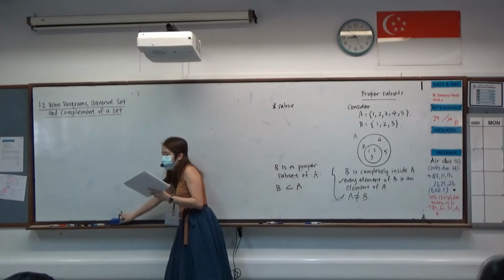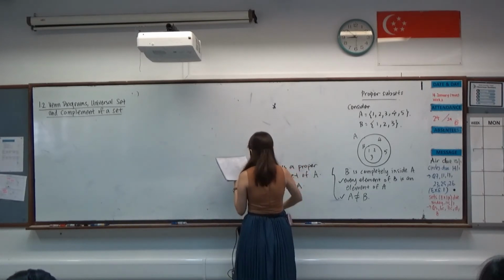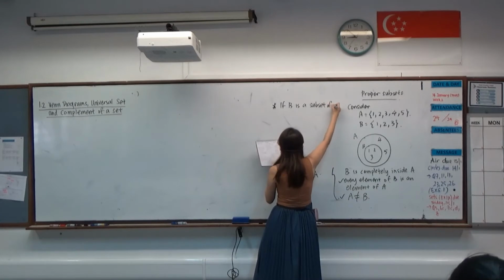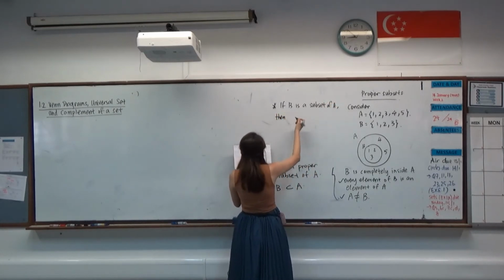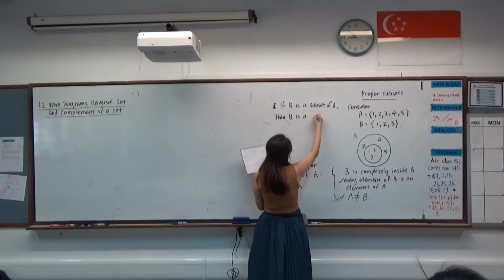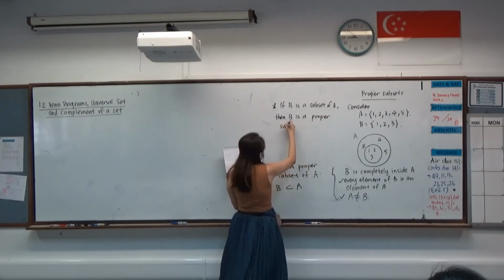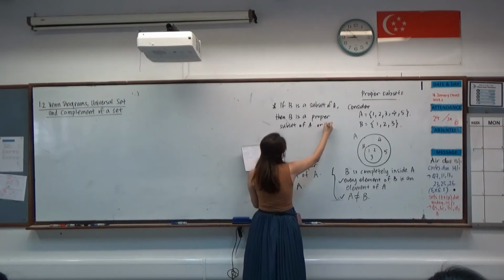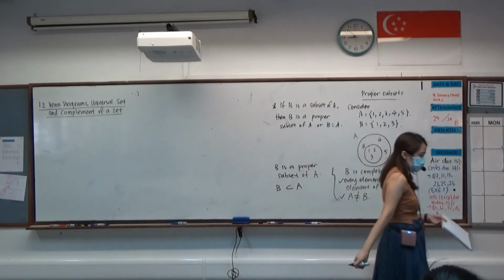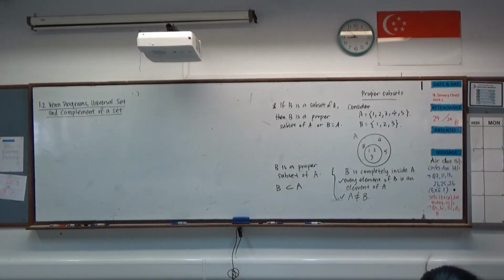So when we say that B is a subset of A, the meaning of subset is that B could be a proper subset, or there is that chance that B is equal to A. So subset is a broader definition, whereas proper subset really restricts it such that it is only a part of. Okay?